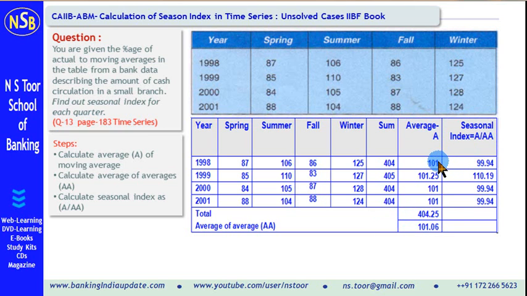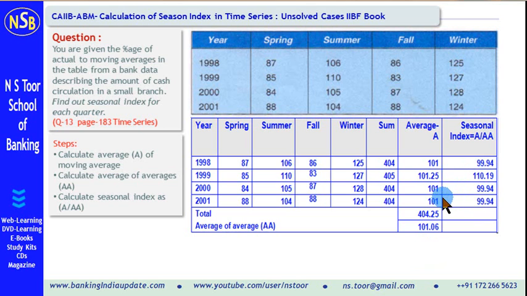So this divided by 101.06, so we get this for the first quarter. 101.25 divided by 101.06, so we get this figure, which should in fact be 100.19.